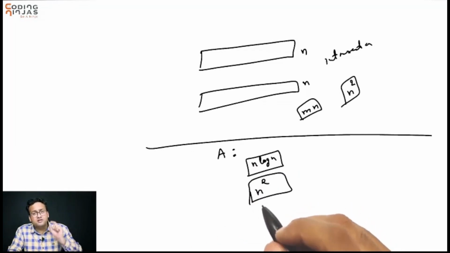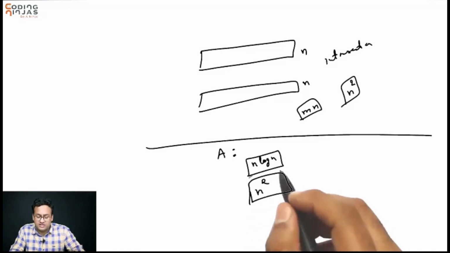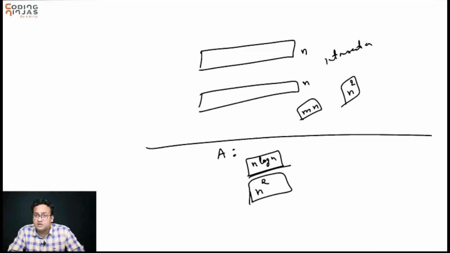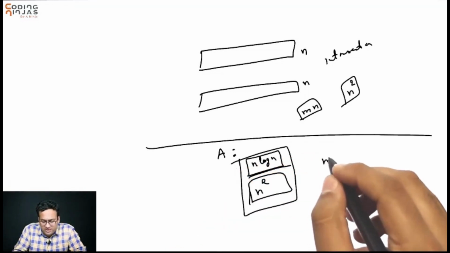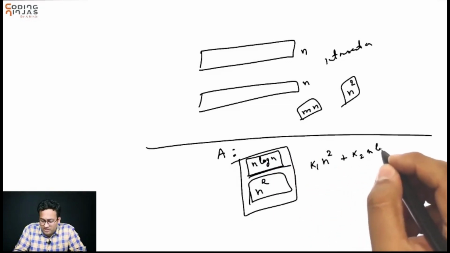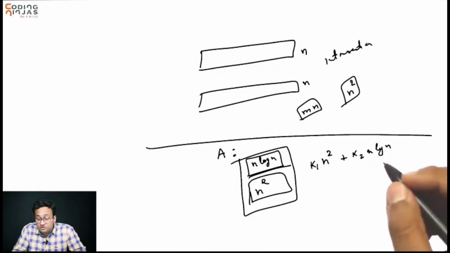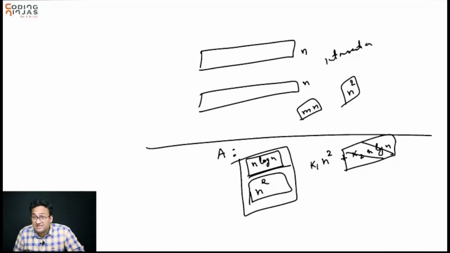Now I have added some extra work which happens only once, and that work takes n log n time. So the total work is something like k1 n square plus k2 n log n, and as you already know, the second term is something we can ignore because its degree of n is lower.